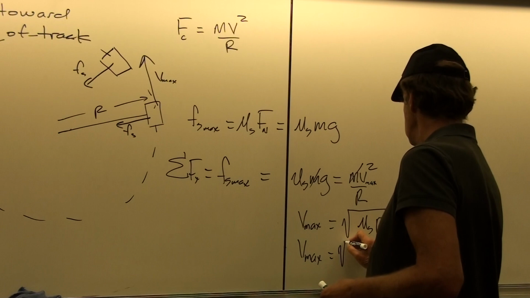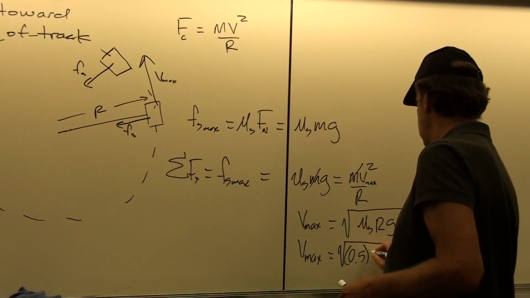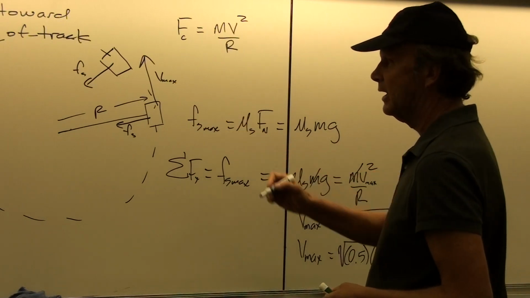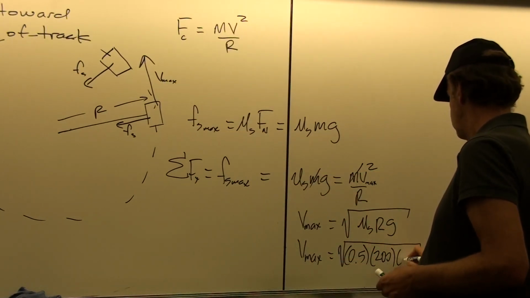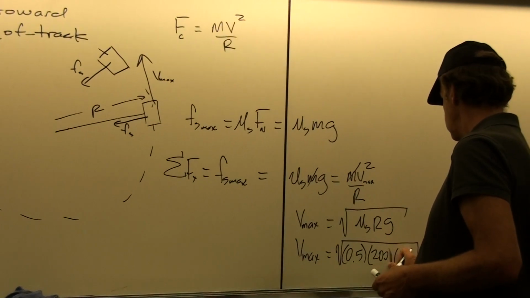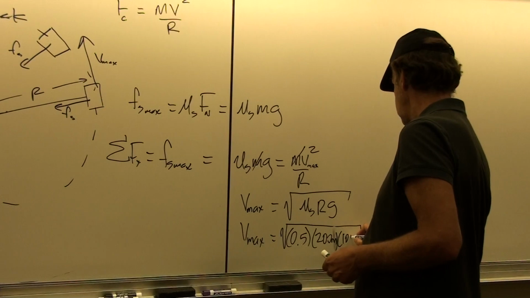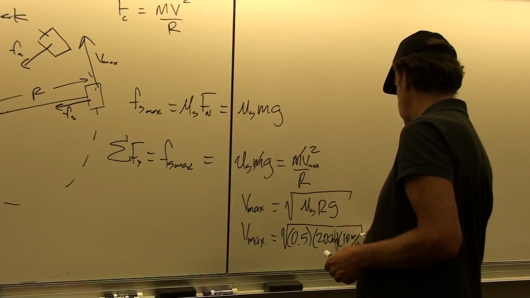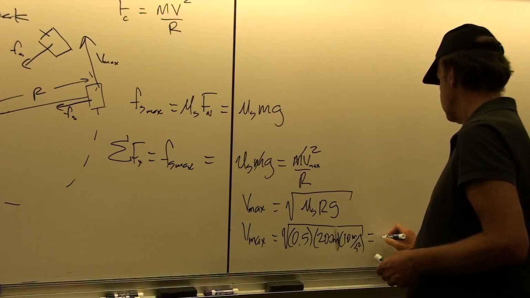That's going to be the root of 0.5 times r for this problem. We set that equal to 200 meters, times g, which is 10 meters per second squared. So that's 100 times 10, or the square root of 1,000.